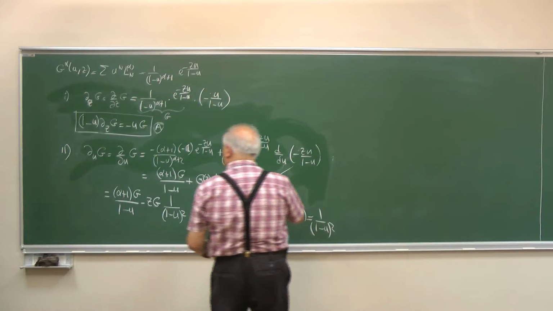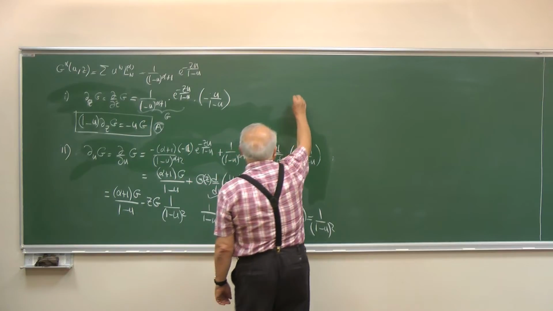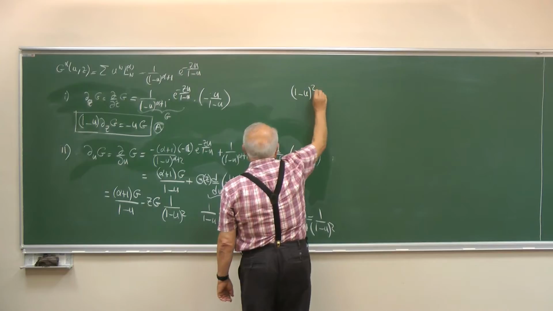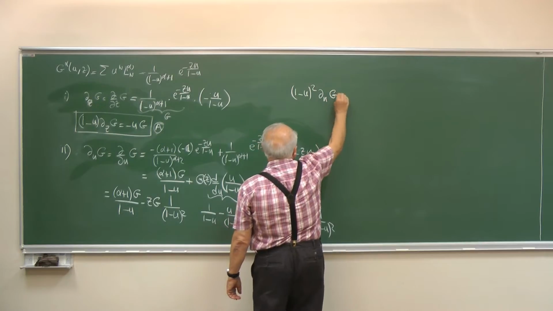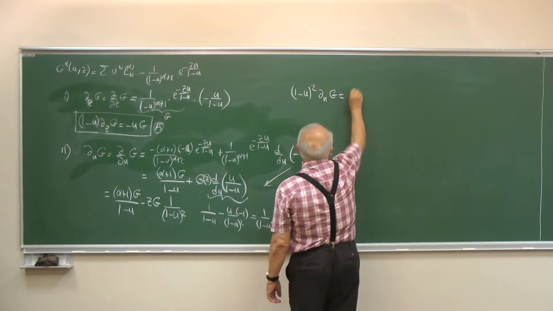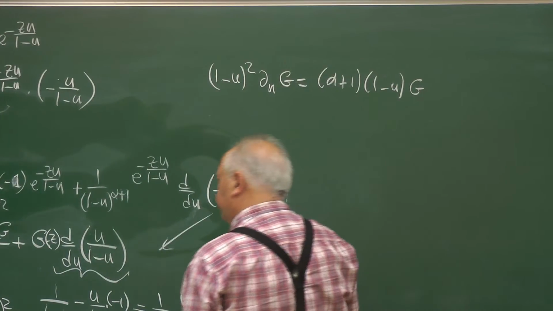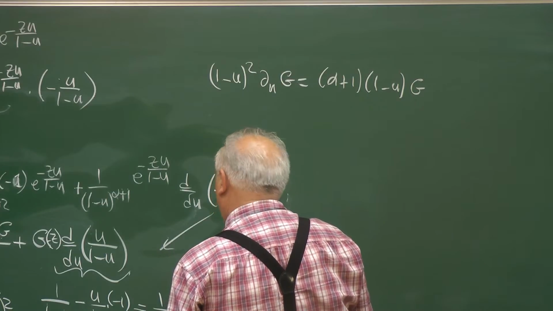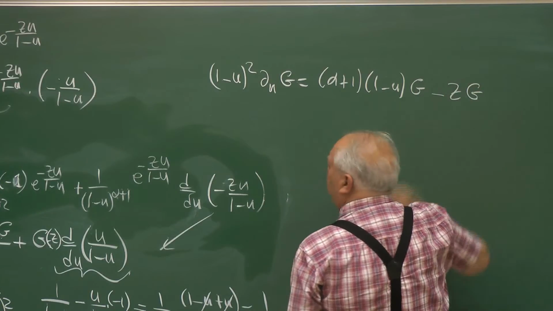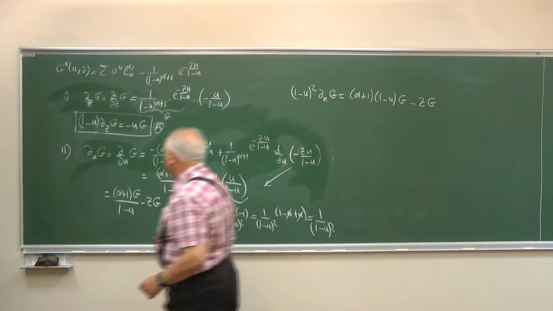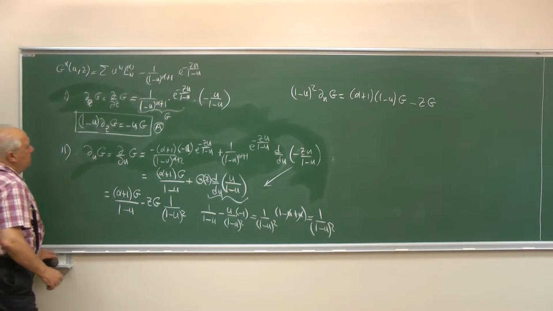Or if I multiply it by 1 minus u squared, 1 minus u squared delta u G, that's equal to alpha plus 1, 1 minus u G, minus zG. So this is B.